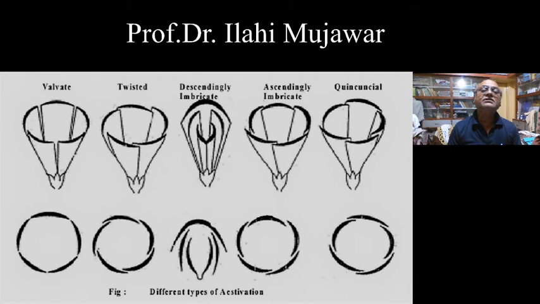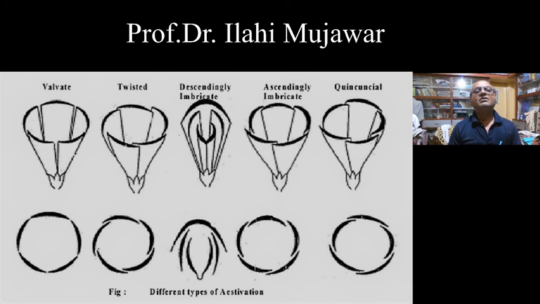In that corolla, one standard petal is outermost, completely on the outer side, then the two lateral petals are inner to this, and the remaining two petals are completely inner. The two lateral ones overlap completely with the posterior standard petal outermost, which is called a papilionaceous corolla, and here the estivation is called the vexillary type.